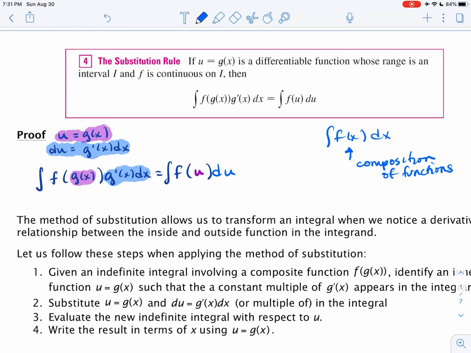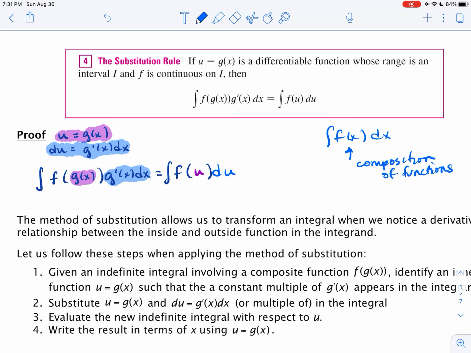If we have the square root of a function underneath, then we would have a composition of functions. If we have something like e to the 5x plus 2, then that would be e to the quantity 5x plus 2, and that would be a composition of functions. If we have sine of x squared, that would be a composition of functions of sine x and the x squared function. So here, look at the substitution rule.